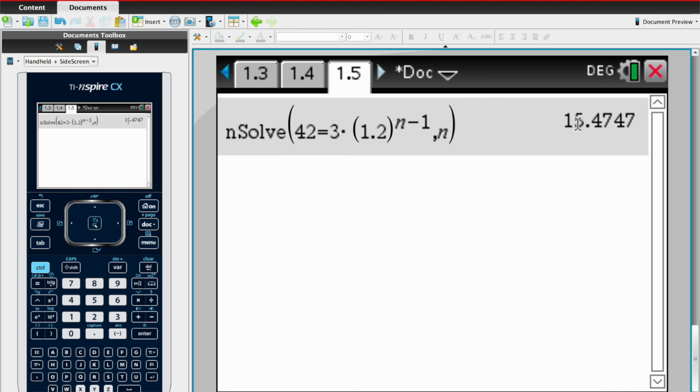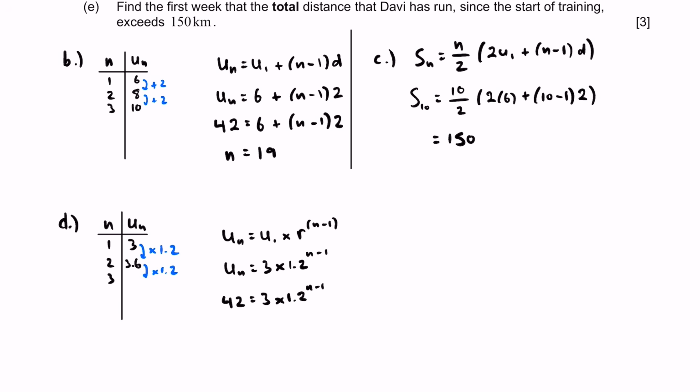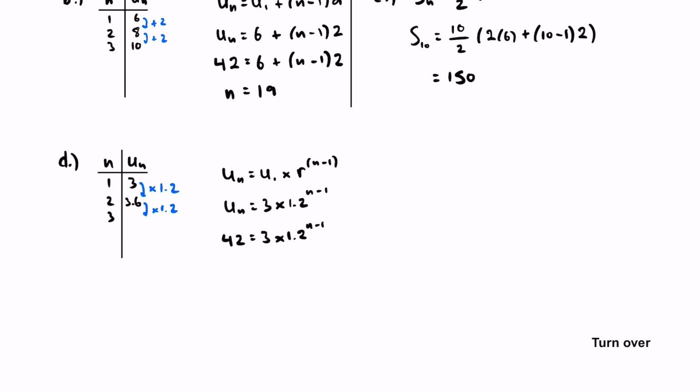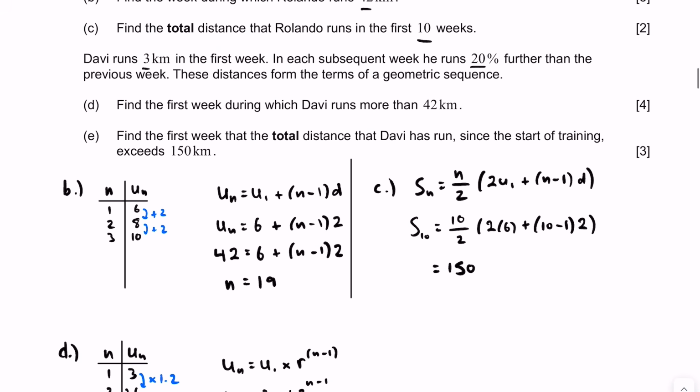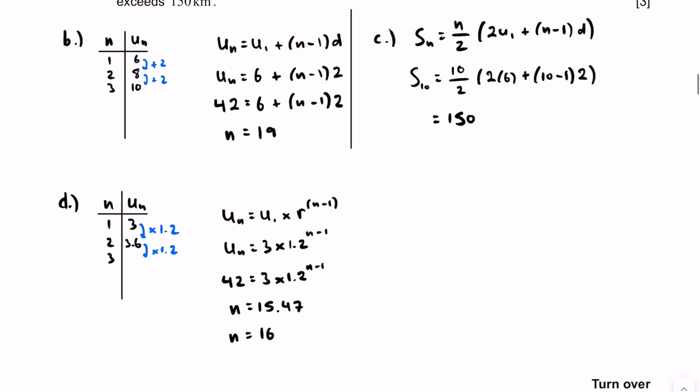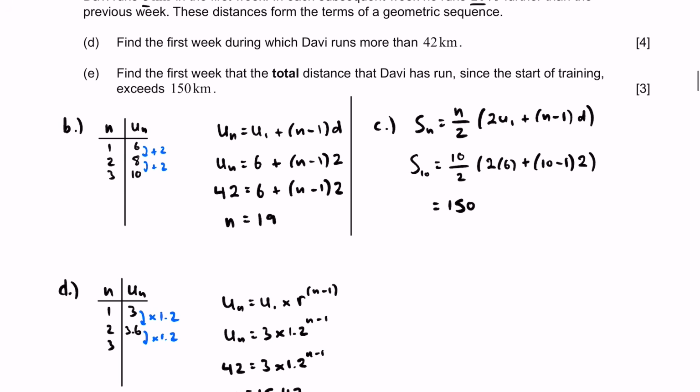It's not until the 16th week that Devi actually runs more than 42 kilometers. So going back to the document, we would write n is equal to, first we'll put the decimal place, 14.47. But really, if we want the first week during which Devi runs more than 42 kilometers, it wouldn't be until the 16th week. 15th week he hasn't yet. 16th, now he's exceeded. He's run more than 42 kilometers. Okay.